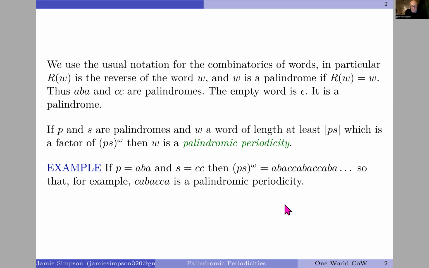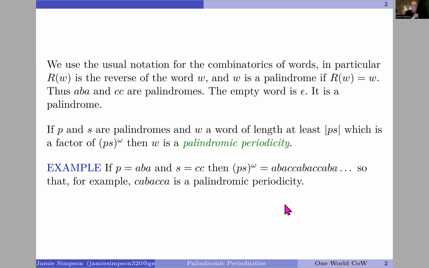Well, the definition of a palindromic periodicity is as follows: if P and S are palindromes, and W is a word of length at least |PS|, and it's a factor of (PS) to the omega, so an infinite concatenation of PS, then it's called a palindromic periodicity.